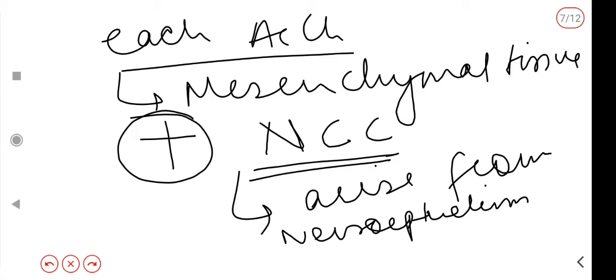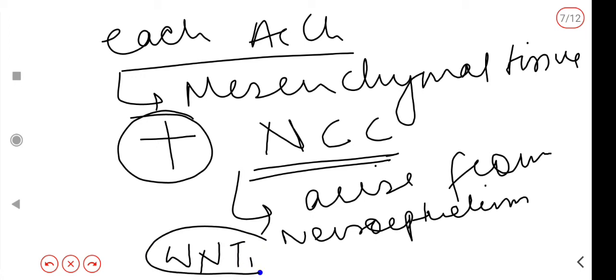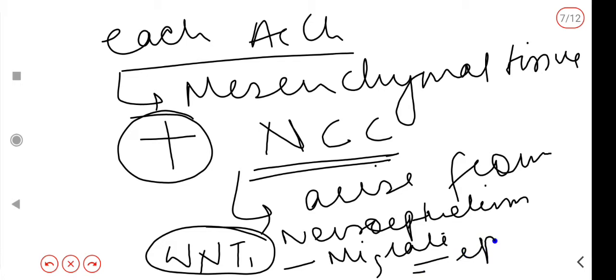After formation of the neural folds, under the influence of the bone morphogenic protein, that is the BMP, and under the influence of the WNT1 gene, these neural crest cells migrate to the pharyngeal arch region and undergo epithelial to mesenchymal transition.